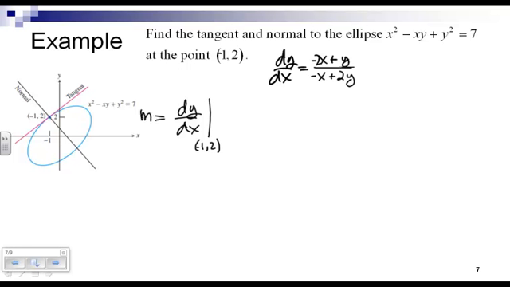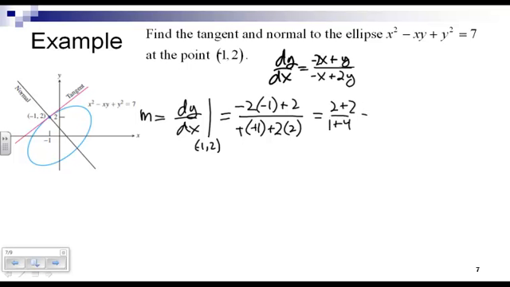It's the value of the derivative at negative 1, 2, which is 2 plus 2 and 1 plus 4, or 4/5.